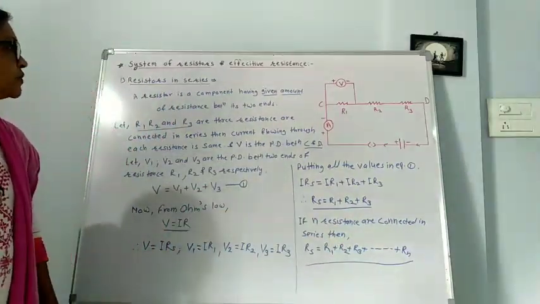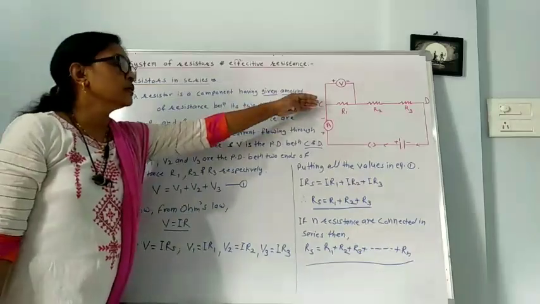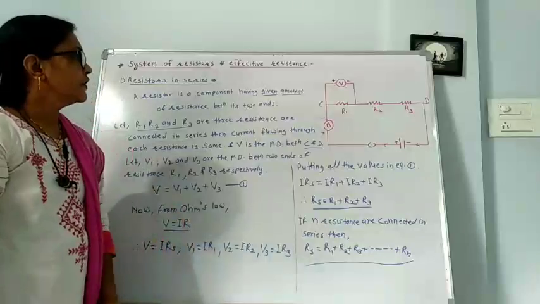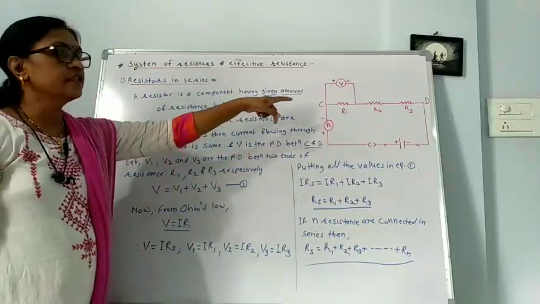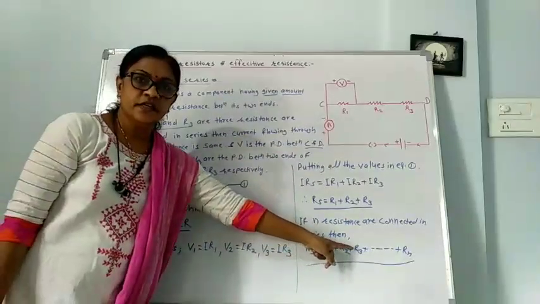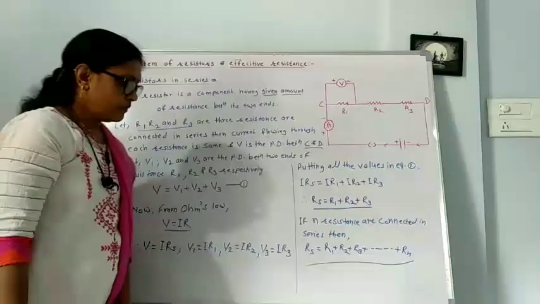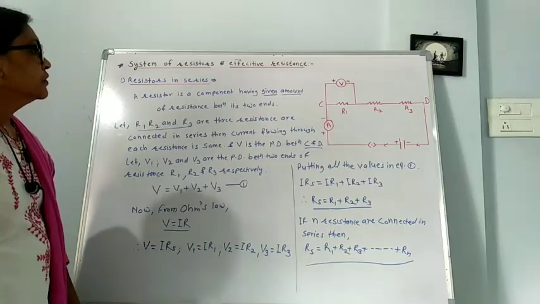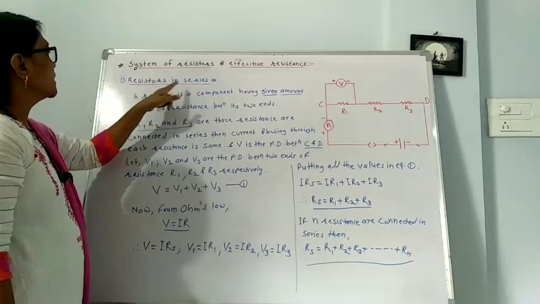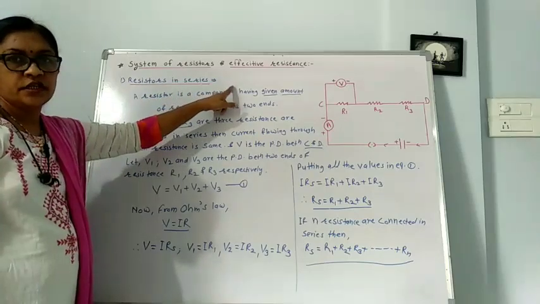Simply remember, when more than two resistors are connected in series, then the effective resistance of all these resistors is equal to the sum of these resistors. And from this expression, we have to write the characteristics when the resistors are connected in series.